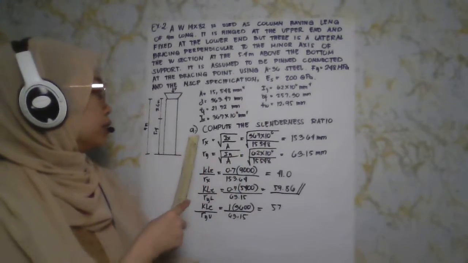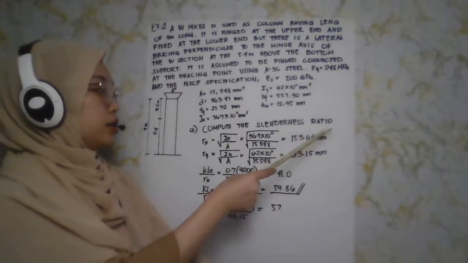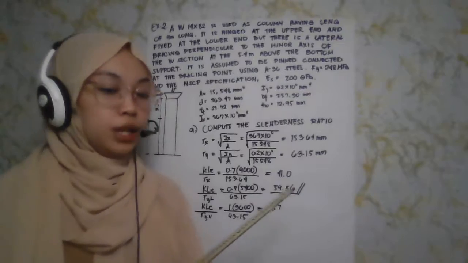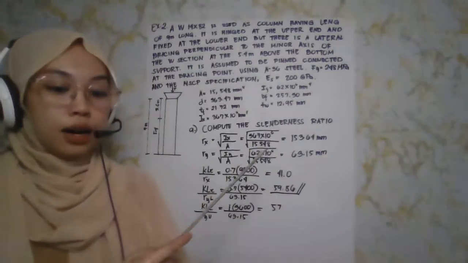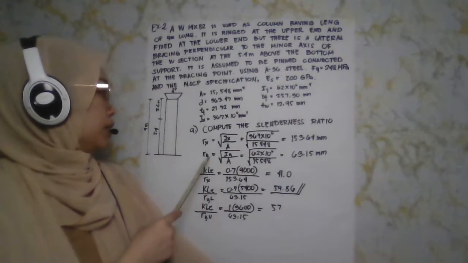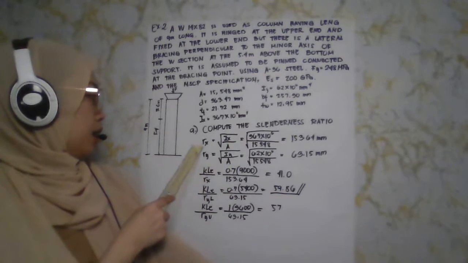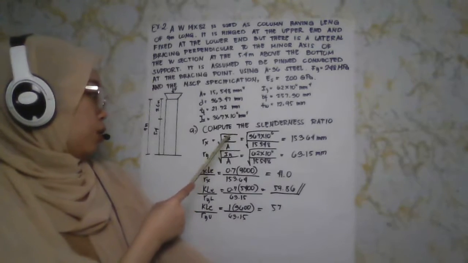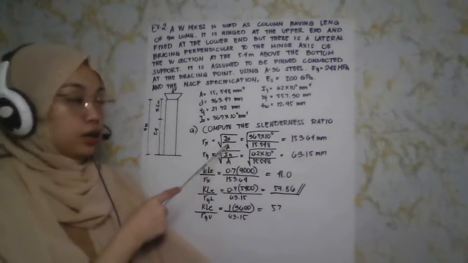So, ang unang hinahanap ay compute the slenderness ratio. So, una, kunin muna natin ang radius of gyration. Ang formula natin dyan ay rx is equal to square root of Ix over area.